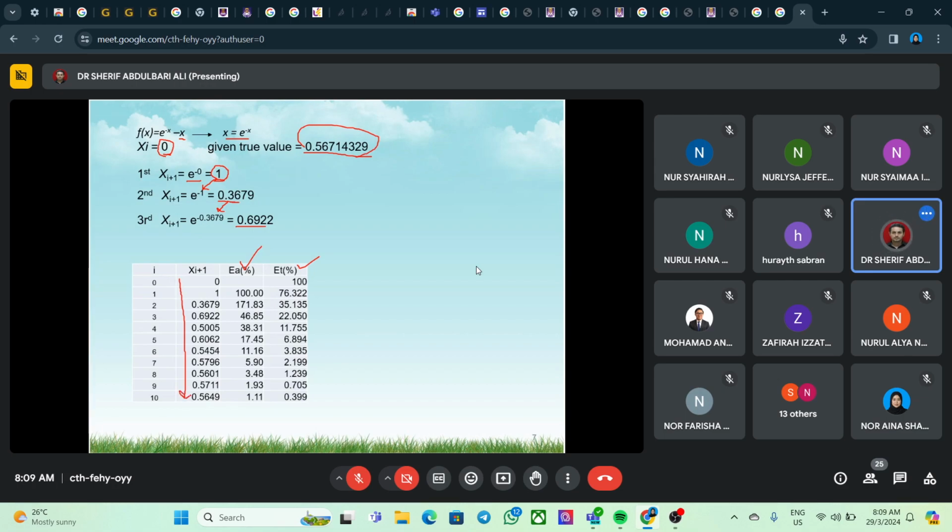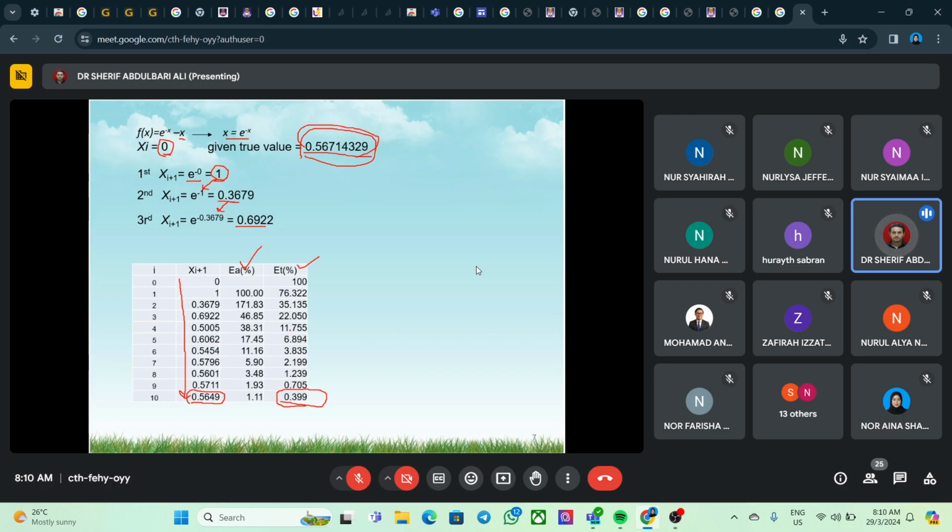After 9 or 10 iterations, I am almost getting the answer of 0.5649. This answer is closer to the true value. That's why the error is less than 0.5. Okay, so this is the fixed point iteration.